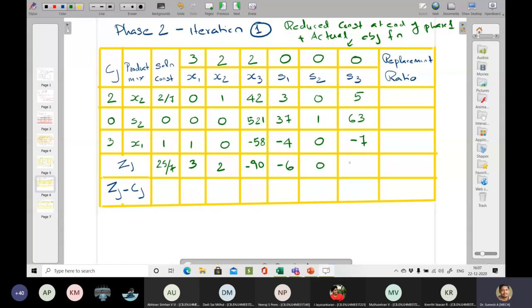So Zj minus Cj, if I calculate, this will become 0, 0, minus 92, minus 6, 0, and minus 11. Now tell me what should I do next?